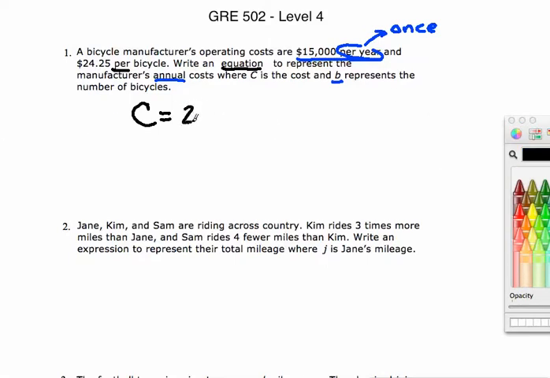So it's $24.25 for each bicycle. If you think about how this will change as you increase bicycles, it'll be double when you have 2 bicycles, triple when you have 3 bicycles. So that $24.25 is dependent upon the number of bicycles that you buy. And then the $15,000 happens one time per year. So for the annual cost, you just have to add this on once.